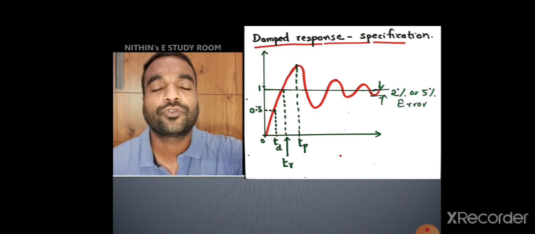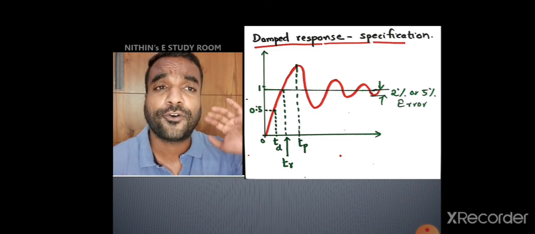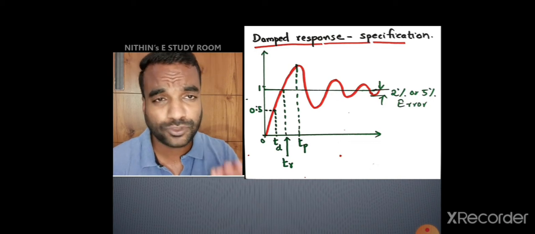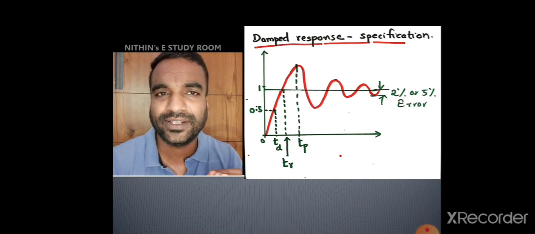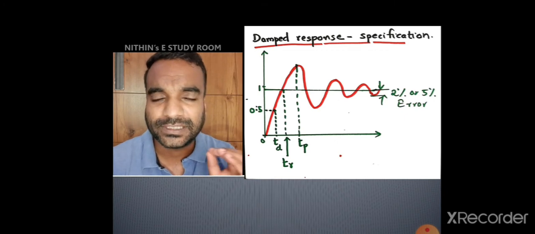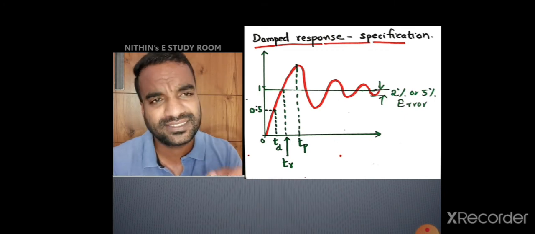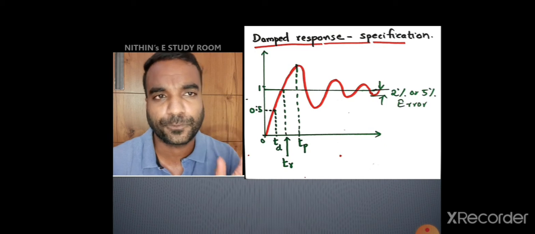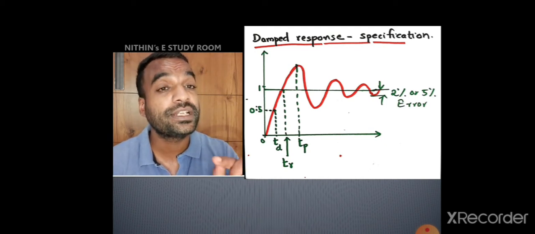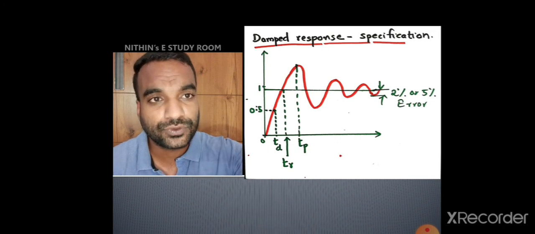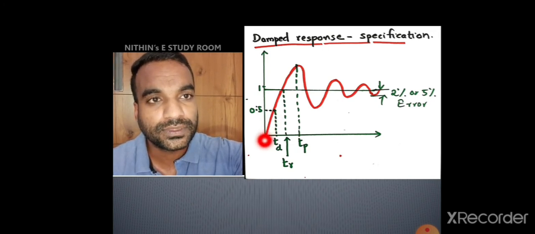So what we have to find? Time taken for the output. Response means output. Technically, we generally say response, but it is simply the output. So, the time taken for the output to reach 50% of its final value. This is the output.